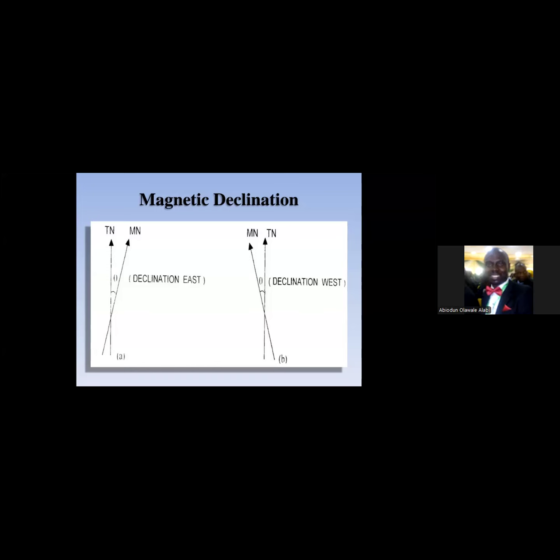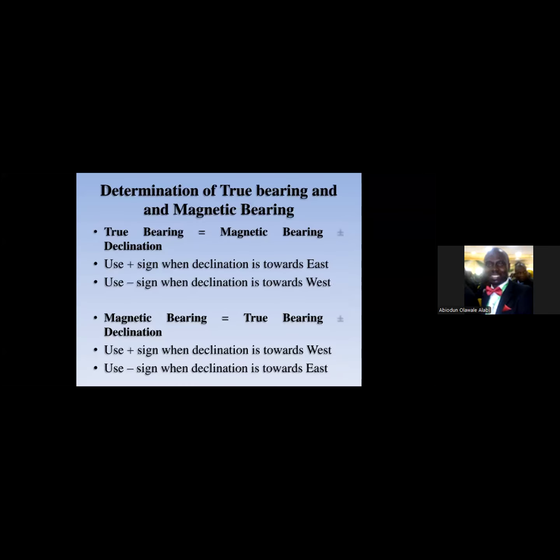When the north end of the magnetic needle points towards the west side of the true north, we have the declination west. Okay, and so this is the mathematical relationship between the true bearing, the magnetic bearing and the declination.